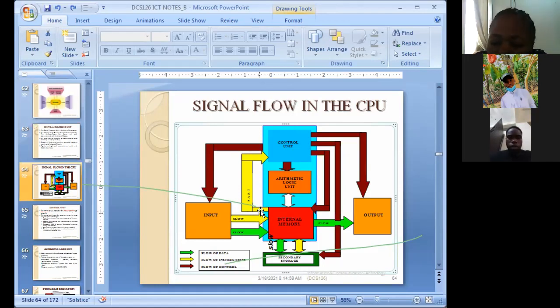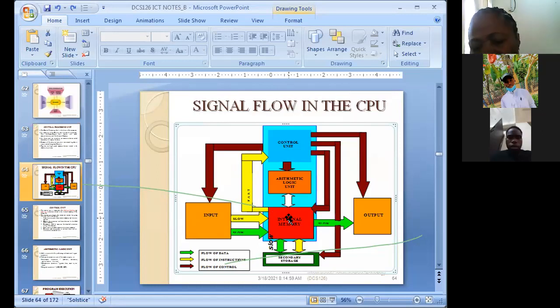Now, look again, there's another yellow arrow going up from the internal memory to the control unit. What is this arrow saying? Remember that the data and the instruction that came as input has been stored in the internal memory.